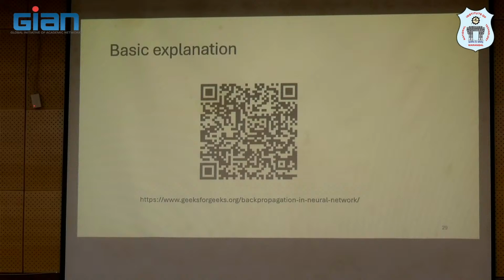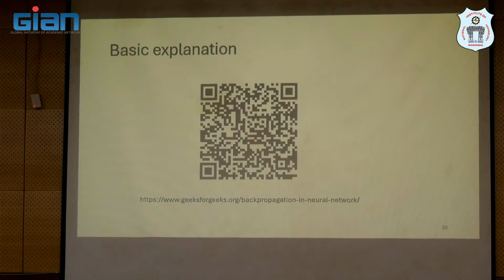But if you are planning to use ANN, you must learn about the backpropagation algorithm and its implementation. An ANN with more than one hidden layer is called deep learning, a deep neural network.